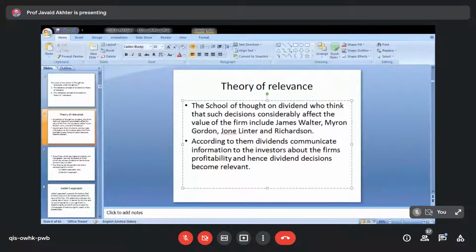Then there are other groups of thought. There are other people who opine, who have proved, that dividend decisions are irrelevant. Now, can you recall or can you think who could be people under this category according to whom dividend decisions could be irrelevant?